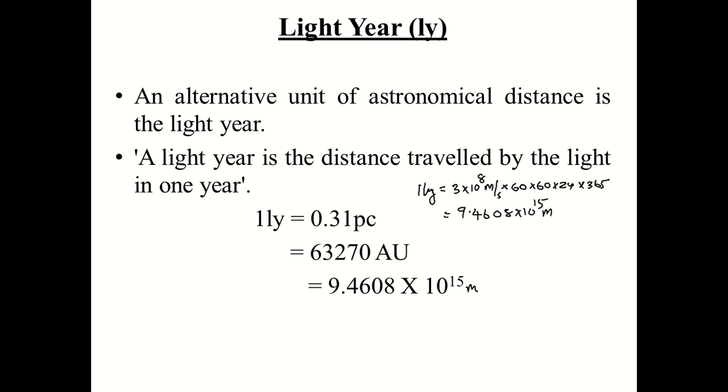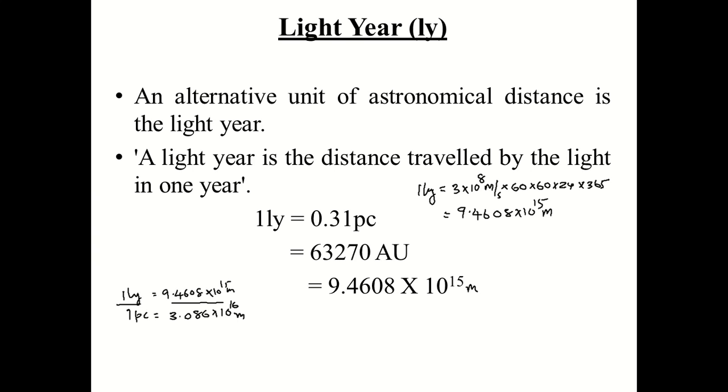But in the previous slide we have discussed 1 pc is equal to 3.086 into 10 raised to 16 meters. So if you divide these two equations, 1 light year is equal to 9.4608 into 10 raised to 15 meters, you will get 1 light year by 1 pc is equal to 9.4608 into 10 raised to 15 divided by 3.086 into 10 raised to 16.